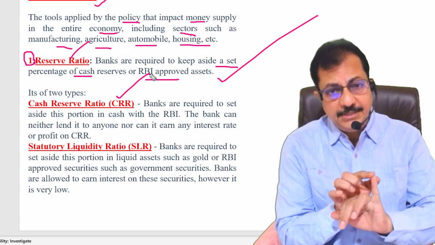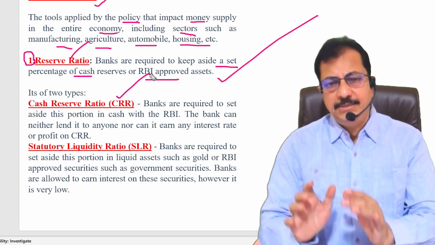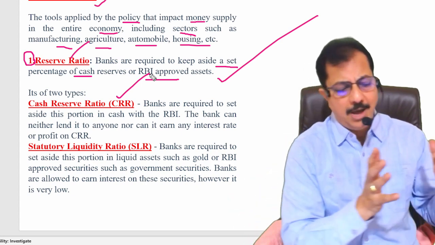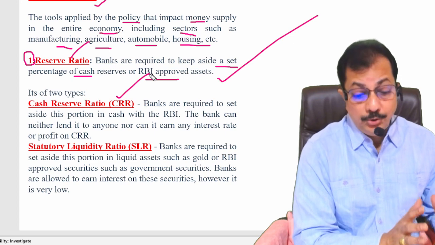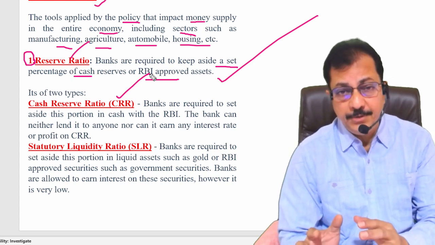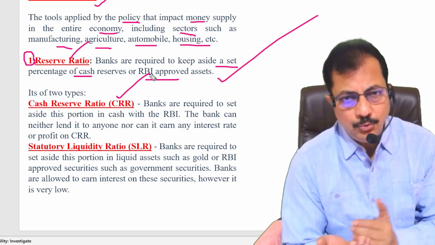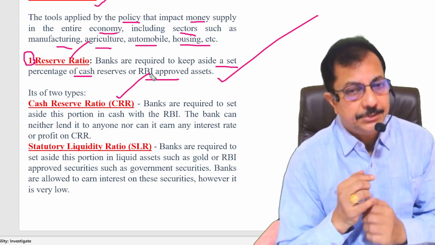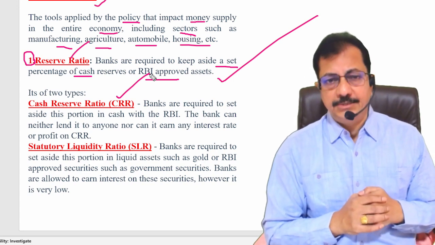In both CRR and SLR, every bank must reserve some cash with RBI. In both cases, if you are placing some money with RBI, then what is the difference between these two? There is a difference. Let's try to understand now.